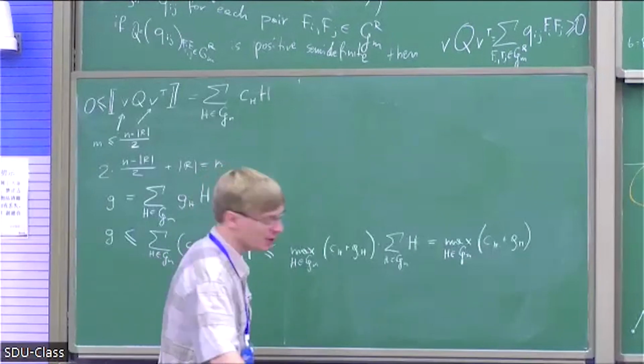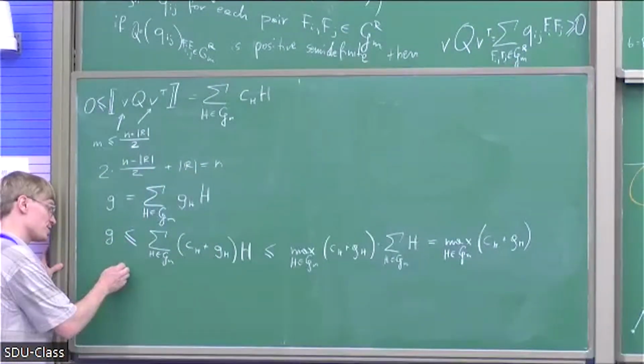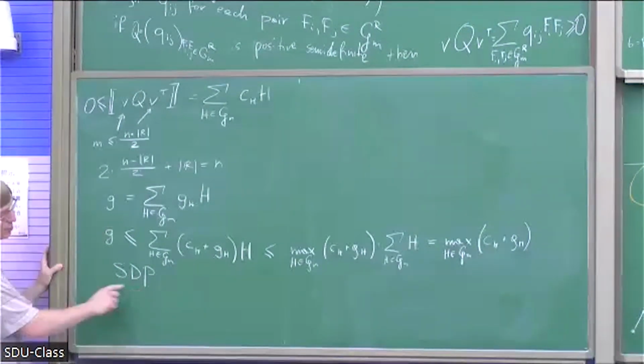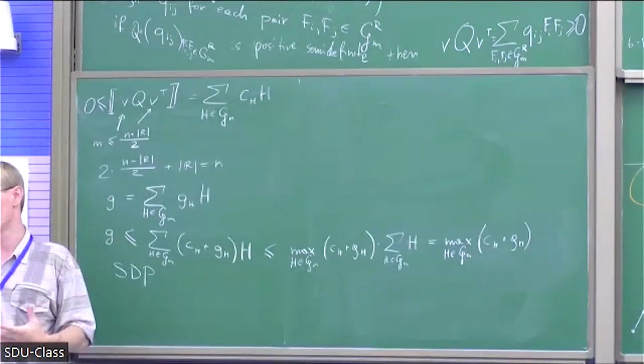So what I can do now, I can use optimization. It's called SDP, semi-definite programming. It's a numerical method which allows you to minimize or maximize some linear expression under conditions which are linear, involving some matrix which is positive semi-definite.